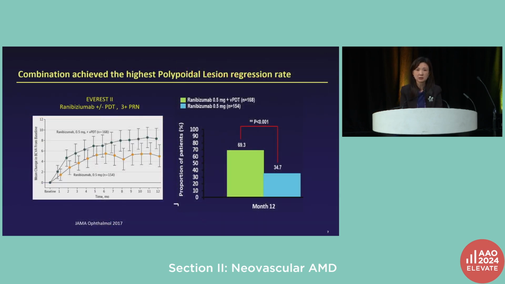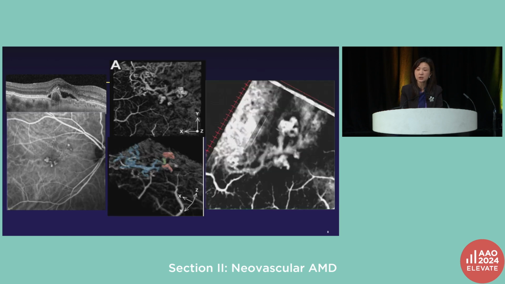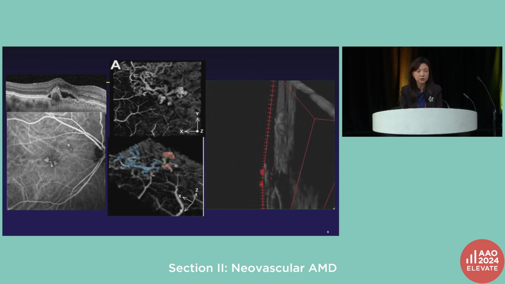Now, back in the days when there was only Lucentis, combining anti-VEGF with PDT was very popular to use because of the much higher proportion of eyes that can achieve polypoidal lesion closure that was demonstrated in the EVEREST-2 study.